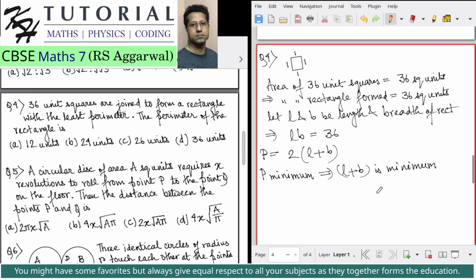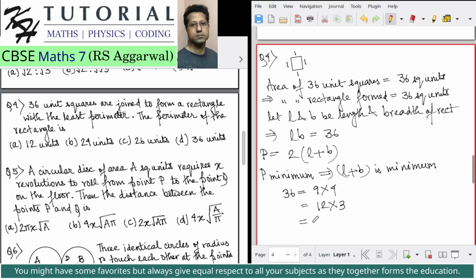That is, we have to factorize 36. We have to make two factors of 36 and see in which two factors the sum is least. So 36, if I factorize into two factors, I can do the factorization as 9 multiplied by 4, or I can factorize it as 12 multiplied by 3.